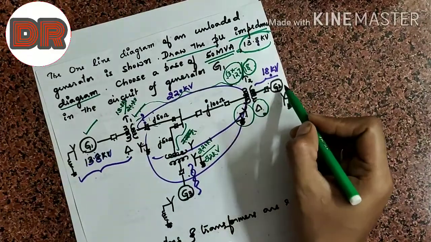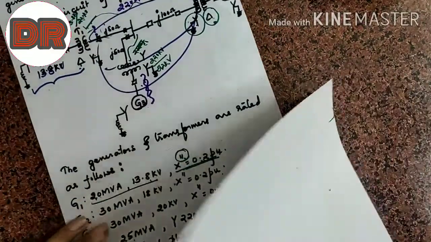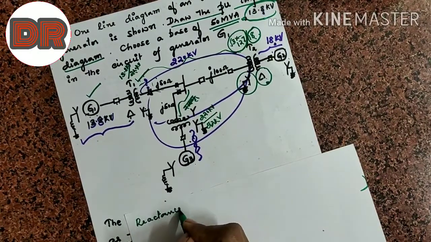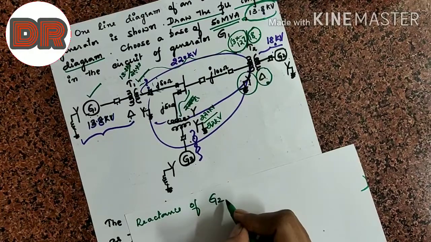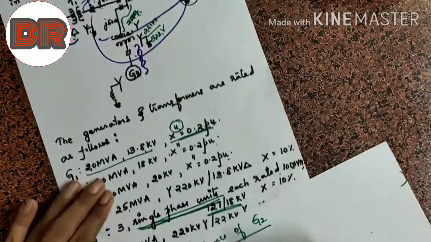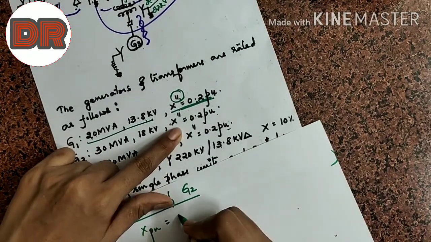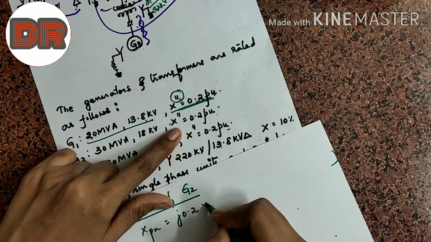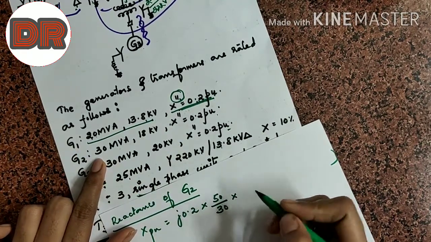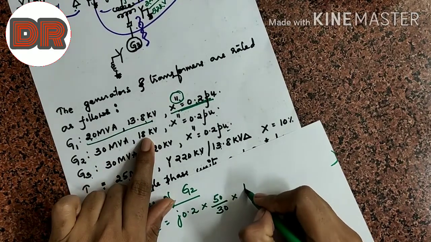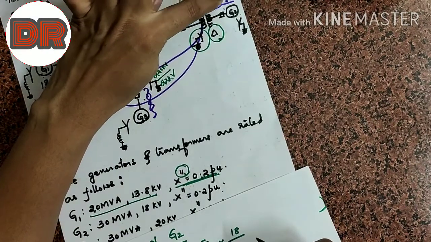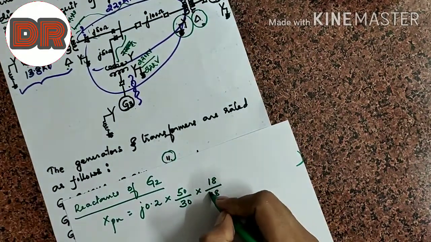Now we have to calculate T2, G2. So per unit reactance of generator G2, X per unit will be equal to, for generator G2 the reactance value is 0.2, so j0.2 into new MVA 50, old MVA 30, into old kV base square 18, new kV base, that is 18 square.